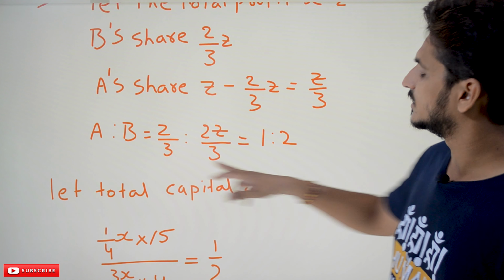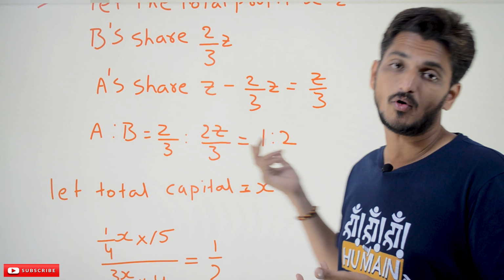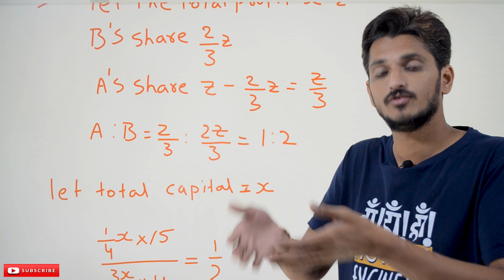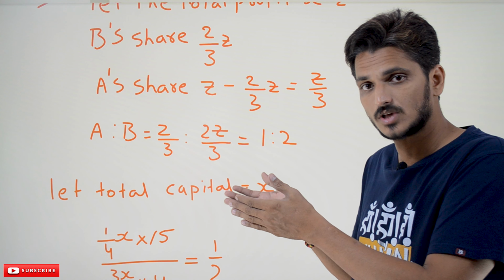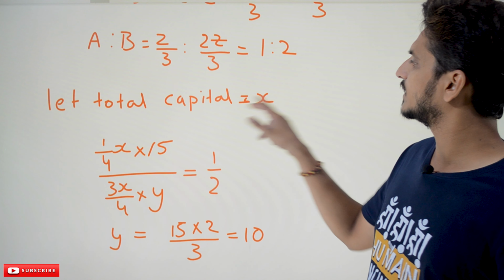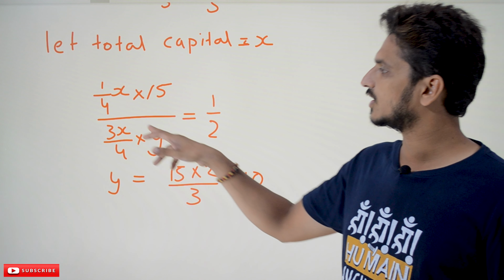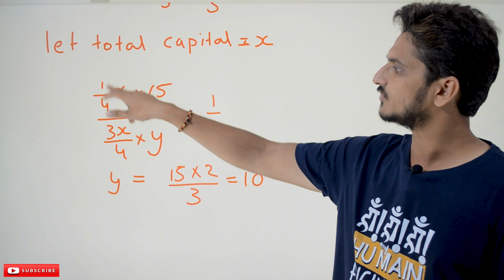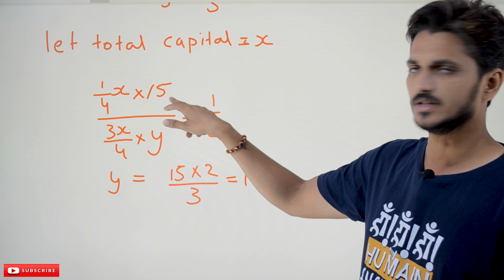So the profits are in the ratio of 1 is to 2. This is equal to the investment ratios. Profit ratios are equal to the investment ratios. Let the total capital be X. We know that A by B is equal to the profit ratio. A is 1/4 of the capital for 15 months.